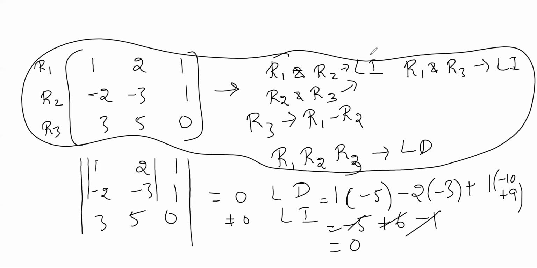If at least one 2 by 2 determinant is non-zero, then we can say those 2 rows are linearly independent. If for all combinations the 2 by 2 determinant is 0, then even the 2 rows are linearly dependent. Understood? Yes, sir.